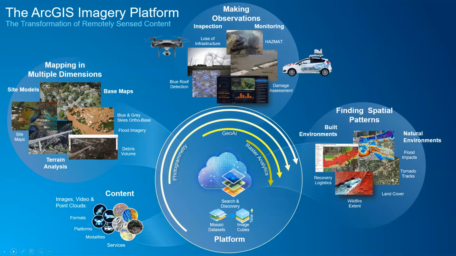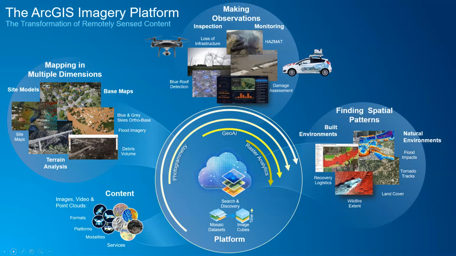As Milk was saying, we've covered lots of different topics over the past 2 weeks with the different webinars. And this slide is designed to narrow those down into just 4 broad categories. The first one being able to take all this rich content, manage it inside of a platform, and then, of course, being able to take those raw sources and do mapping. And it's more than just straight ortho mapping. It's also the 3D mapping, the 3D aspects of it. That's becoming more and more important.